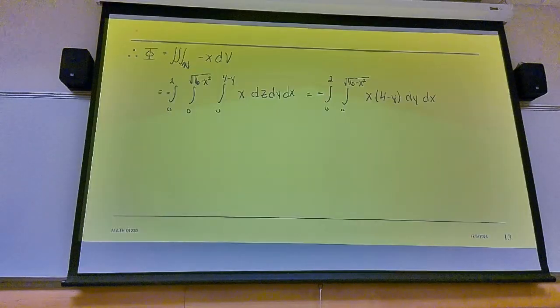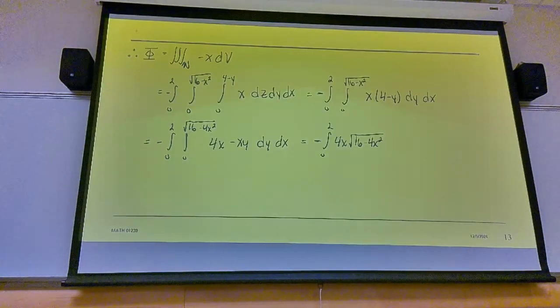Integrate with respect to y. That's your first term. Minus x times 16, in open parentheses, 16 minus x squared, minus 4x squared over 2, all of the whole.